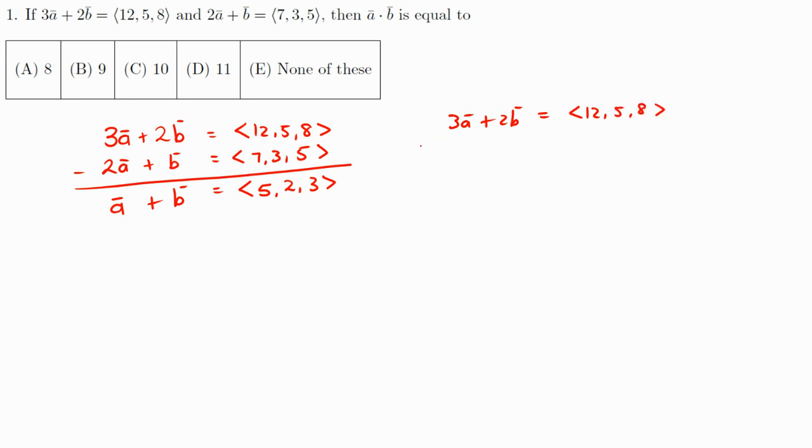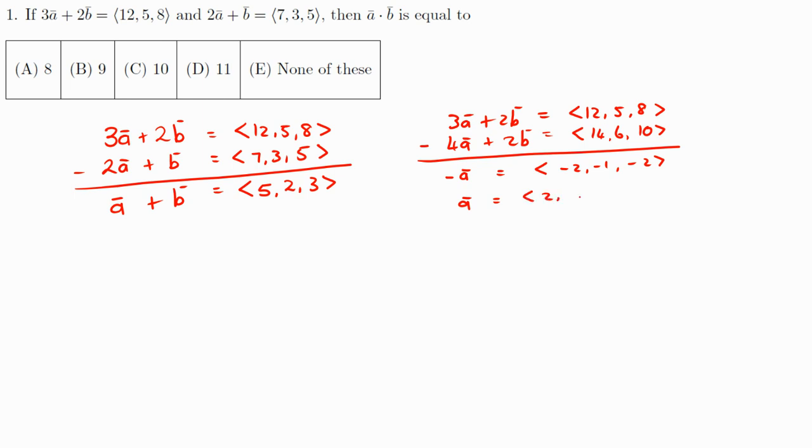Let's multiply this entire row by 2, and then we subtract it as the sign suggests. So this will be minus A, which is equal to minus 2, minus 1, minus 2. So we know that A would be 2, 1, 2.